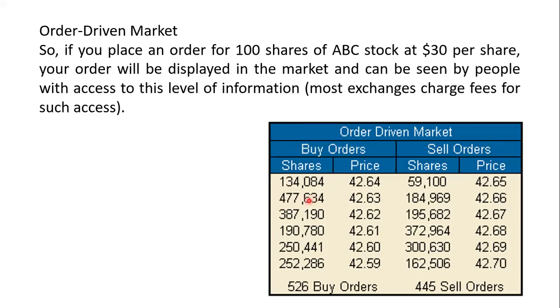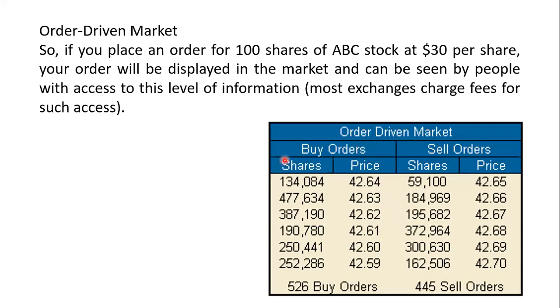Mr. B, he wants this number of shares at this price, like that. And also the seller side, sell orders, sellers will put the price like this. He is going to sell 59,100 shares at this price, 42.65. Right. So this kind of information you will see in order driven market.